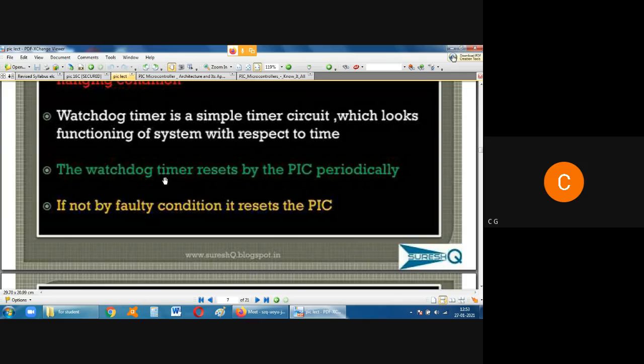Its behavior is like some sort of enemy: if the PIC is not preventing the watchdog timer from its function, then it is going to attack the PIC and reset it. To avoid that situation, the PIC has internal wiring, based on the execution of instructions, that continuously resets this.